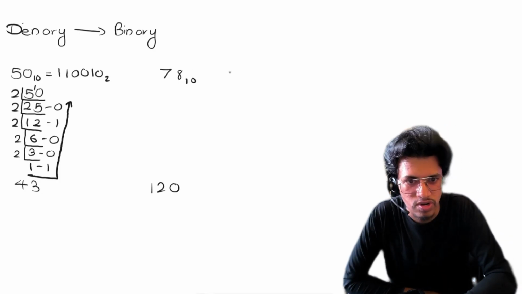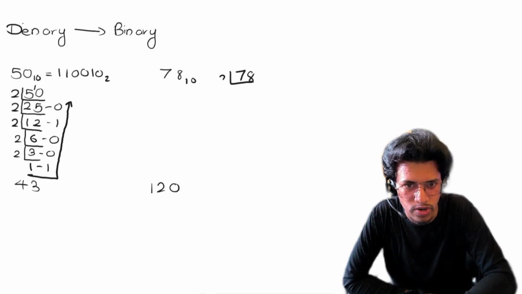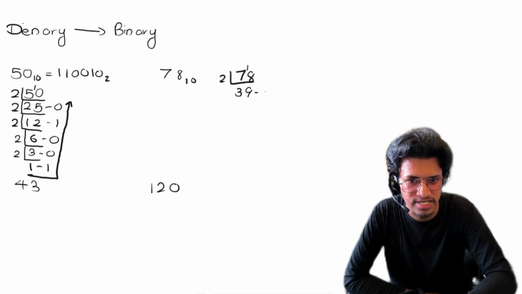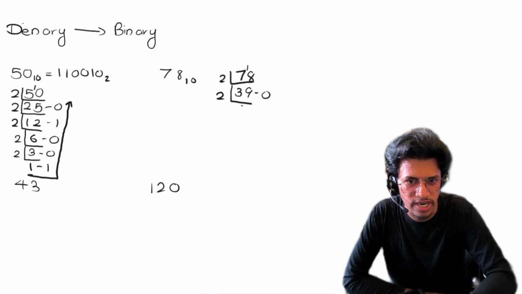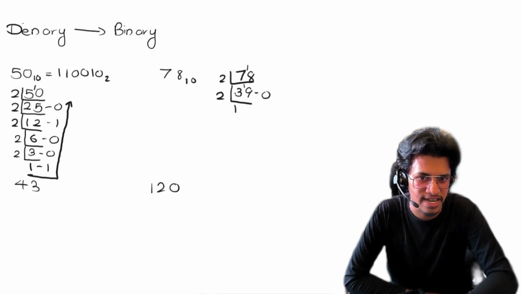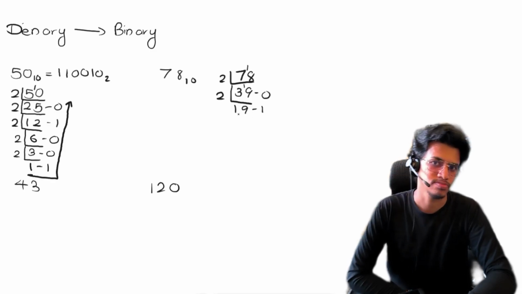Now let's do the same thing with 78. The same method: we divide 78 by 2. 7 divided by 2 is 3, balance 1. 18 divided by 2 is 9, balance 0. 39 divided by 2: 3 divided by 2 is 1, balance 1. 19 divided by 2 is 9, balance 1.